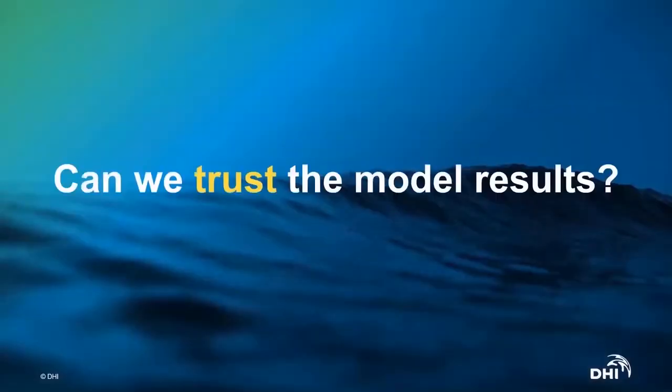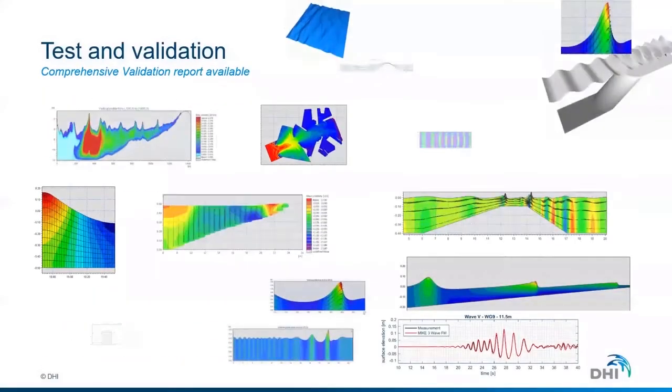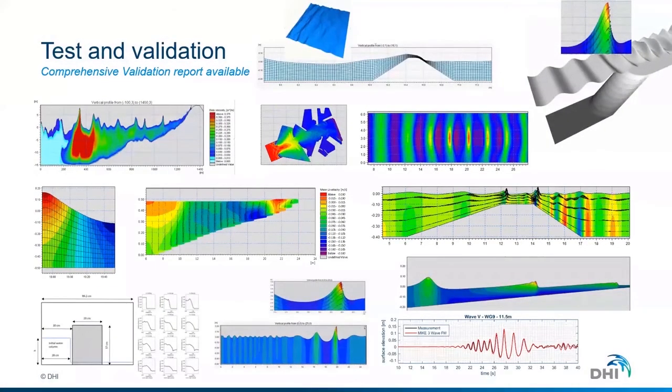So let's look into some of the validation cases that we have been doing. To ask, can we trust this model? Is it trustworthy? There's been a lot of validation of this model before release. We have run it through some classical tests, including the Kirby test of wave breaking.